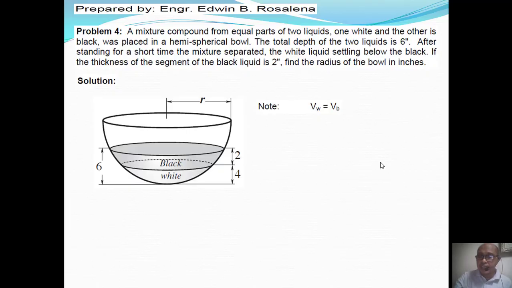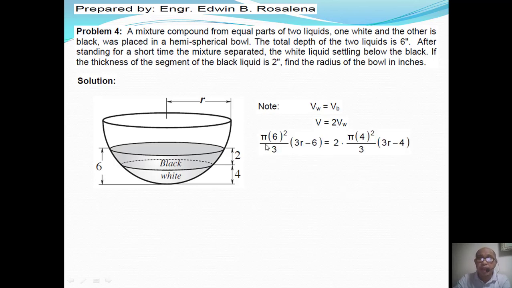Okay. Notice that the volume of white is a spherical segment with one base, so I will use it for our relation. The total volume is equal to twice the volume of the white. This takes the form of a spherical segment.